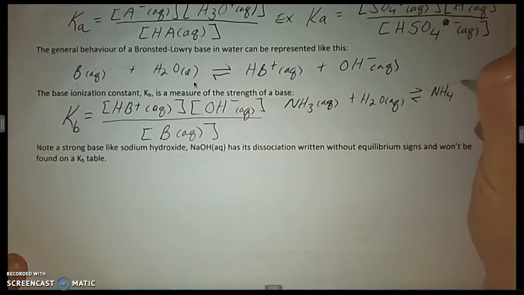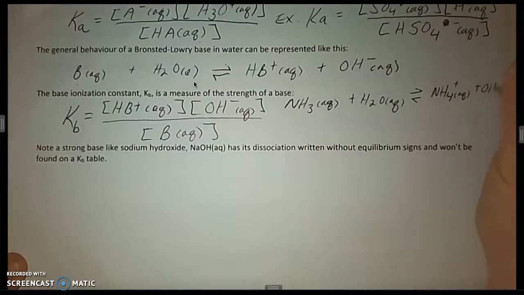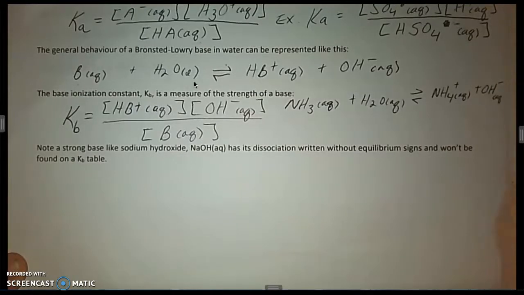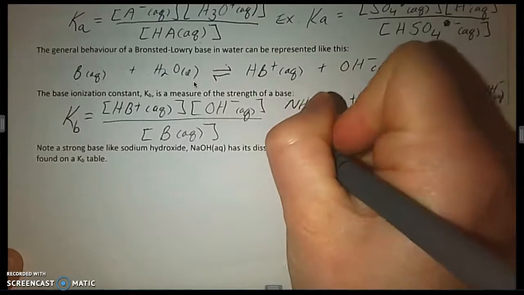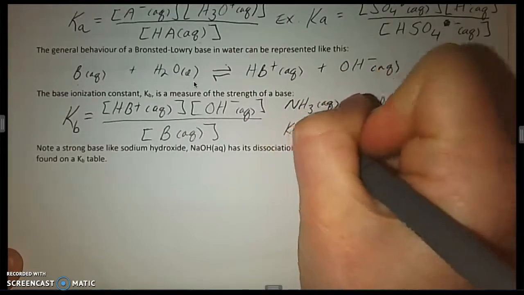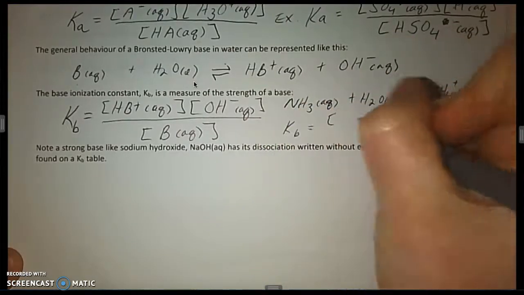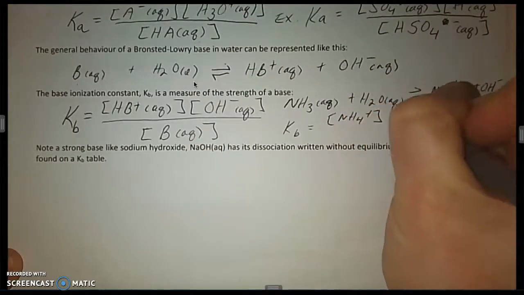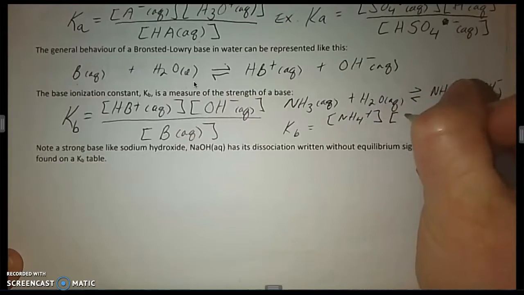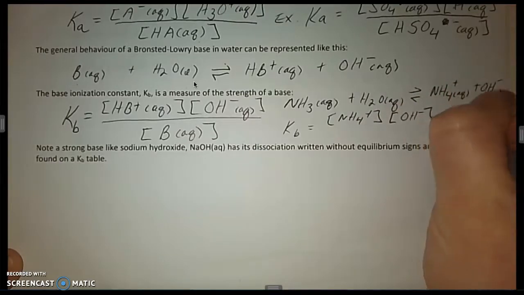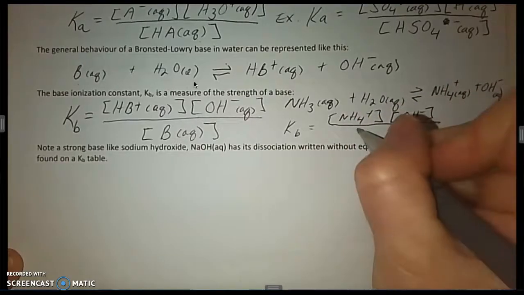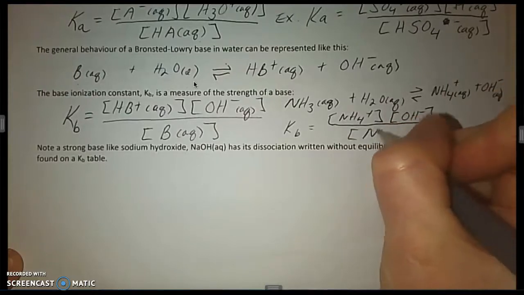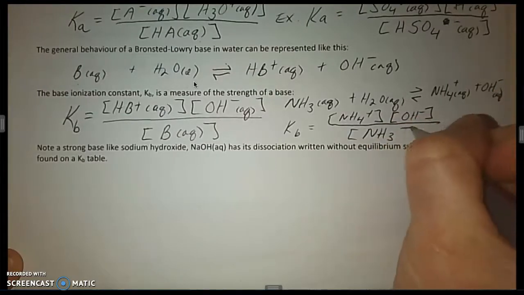So it's accepted a proton, and hydroxide. Okay, and then the Kb expression for that specific base would be concentration of ammonium. I'm going to leave the state symbols out because I've gotten a bit lazy. Times concentration of hydroxide, all divided by the concentration of the original base, which was ammonia in this specific example.